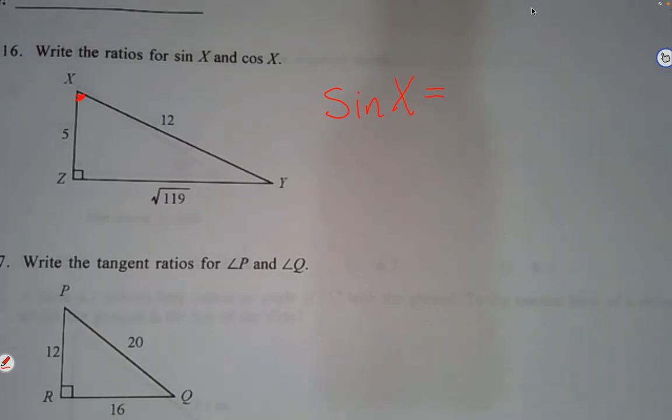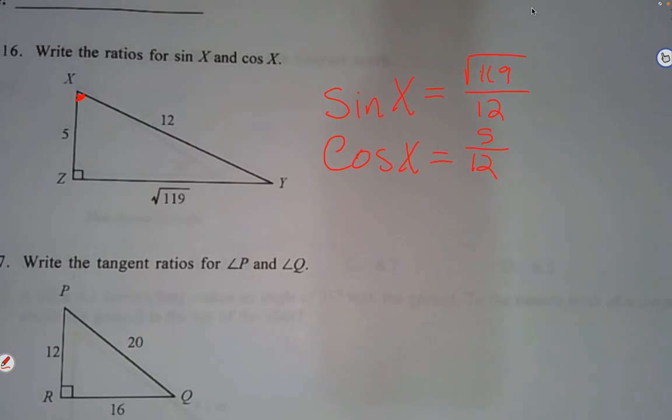It is opposite over hypotenuse. So it's the square root of 119 over 12. Then we have to find cosine of x. Don't forget your second one. Some of you forgot that on the study guide. So that one is adjacent over hypotenuse. That is 5 over 12. And then we're done with that.